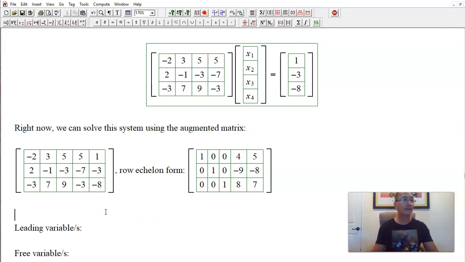So let's write that down. Our leading variables are x1, x2, and x3. So let's make it official. 3 leading variables, and we have 1 free variable, which is x4.